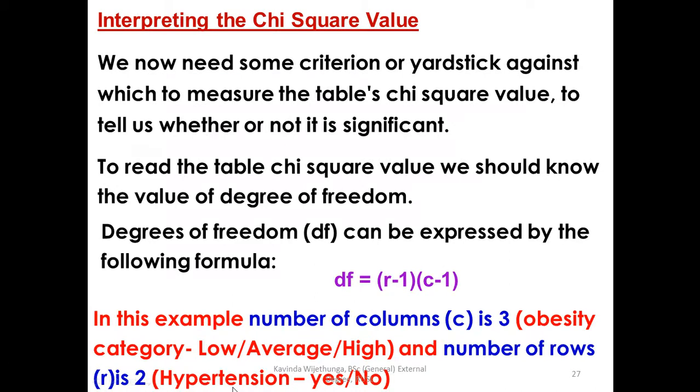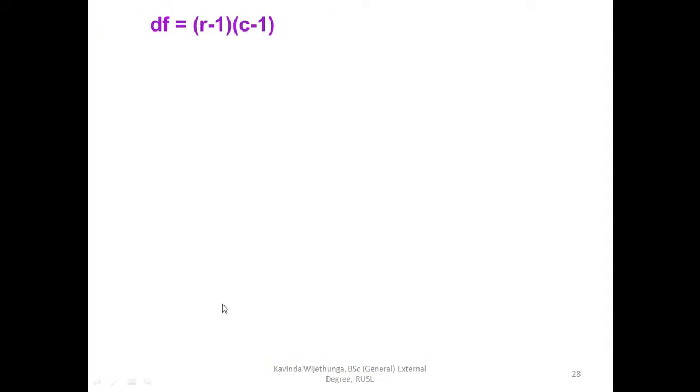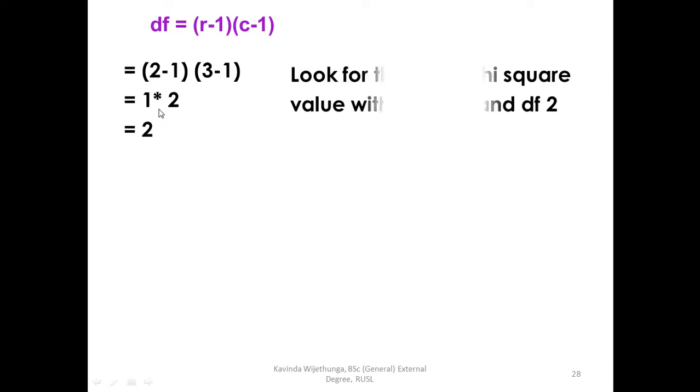Then according to our formula, rows minus 1 into columns minus 1: 2 minus 1 is 1, 3 minus 1 is 2, then 1 into 2 is 2. That is the way of finding the degrees of freedom. Number of rows minus 1, number of columns minus 1, then you multiply those two numbers, and you get the degrees of freedom.